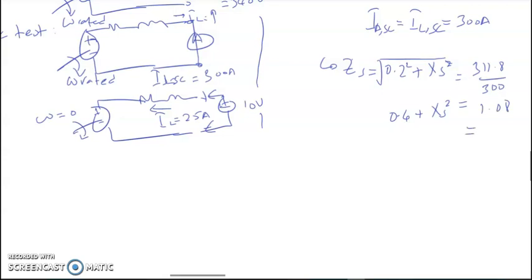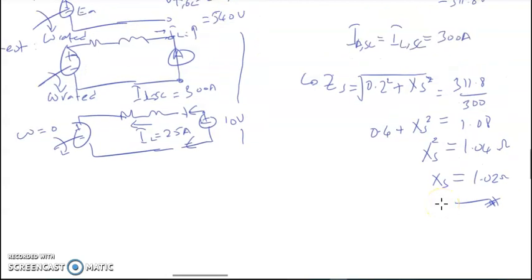Then we solve for XS and we get 1.04 ohm. So XS is 1.02 ohm. This is the value of the synchronous reactance of our system, 1.02.